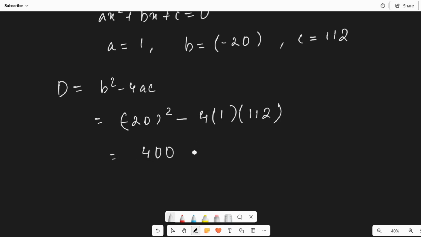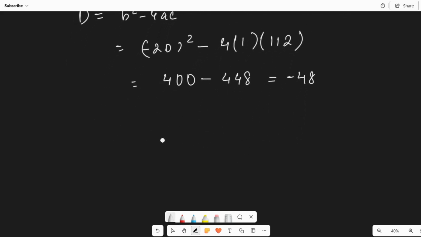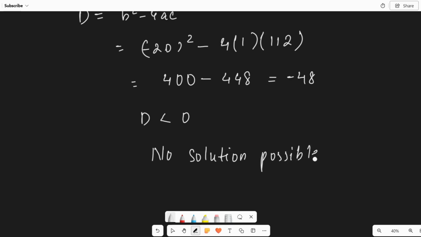That is nothing but 400 minus 448. That becomes minus 48. So as we can clearly see, the discriminant is less than 0. That is b square minus 4ac is less than 0. So if the discriminant is less than 0, there will be no real roots, and then there will be no solution possible for this equation. So the answer is simple, that there is no solution possible and the condition does not exist here.